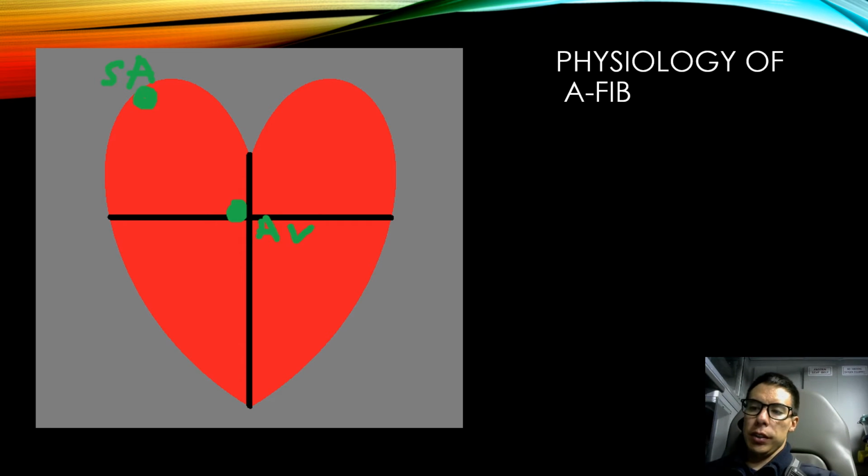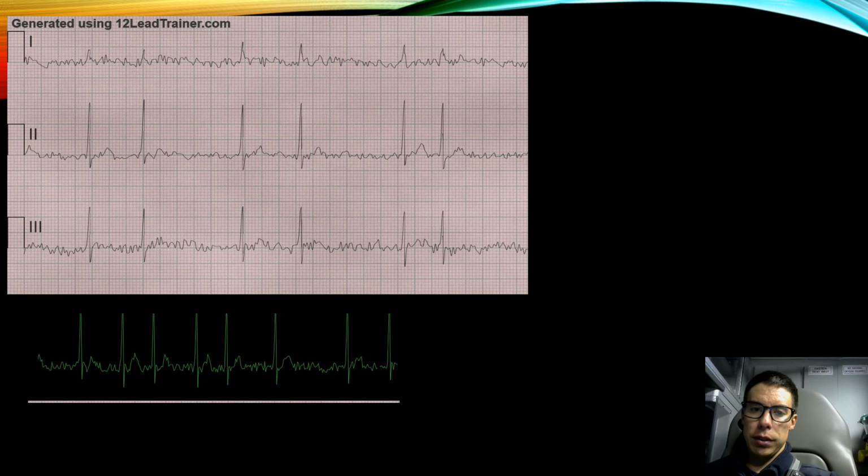So now let's look at one of those tracings and break it down. So in this, if we remember the criteria that was mentioned, we have an irregular rhythm. So let's go through with our steps that we normally go through for interpreting an EKG, and I'll write them to the right over here.